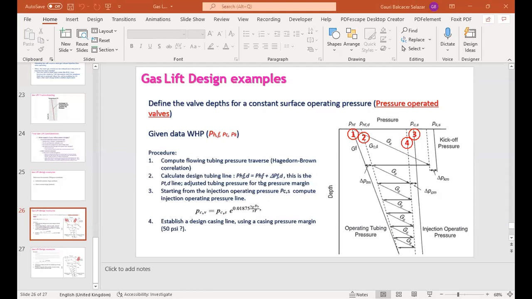So if we compare this situation, where we have only 1 million standard cubic feet per day available, and the previous one, it is 632 versus 620 as a production rate.